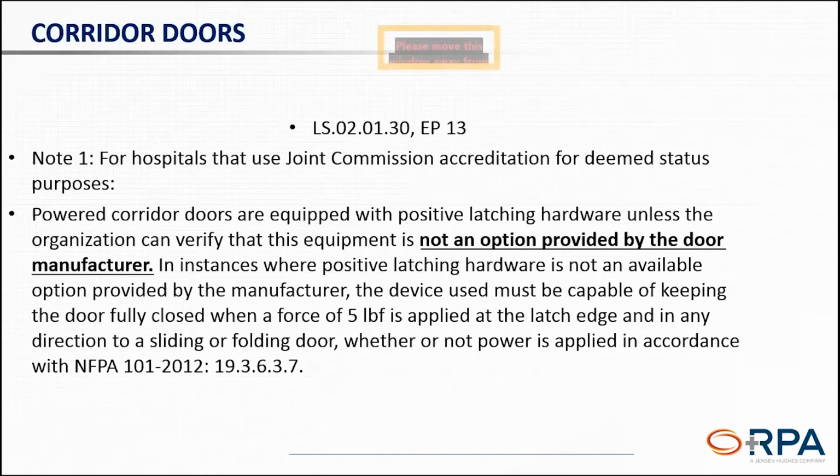If we have corridor doors, they have to have active positive latching hardware, except for where we have power doors that are equipped with positive latching hardware, unless you as the organization can verify the equipment is not an option provided by the door manufacturer. So basically that means if your swinging power doors don't have latching hardware, it's because when you have the automatic opener open the door up, you didn't have any kind of interconnect between the latching mechanism to retract the latch and then to fully open it.